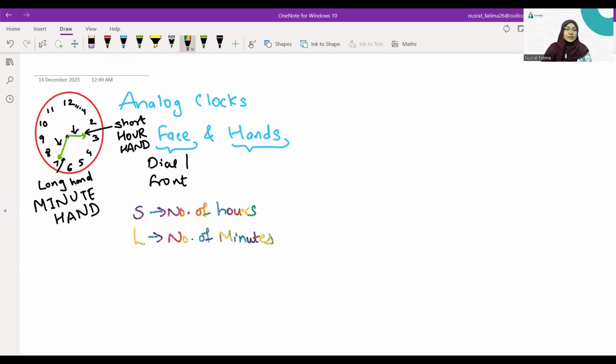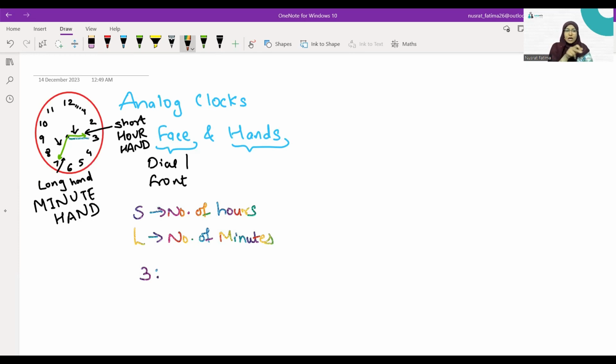So if I look at this clock, what I have drawn here, the hour hand points at 3. So 3 is the number of hours. So 3 something is the time. Now you look at the minute hand. Now the minute hand points at 7.